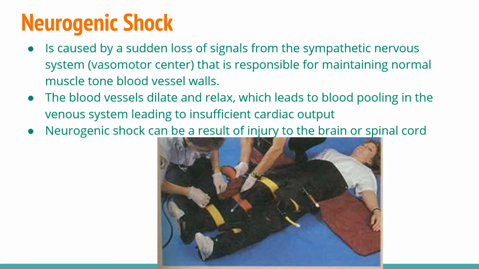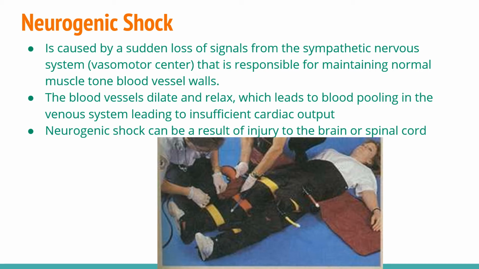Neurogenic is another cause of shock, and this one's kind of interesting, I think. This basically results from a widespread dilation of blood vessels caused by an imbalance in the autonomic or the sympathetic nervous system.